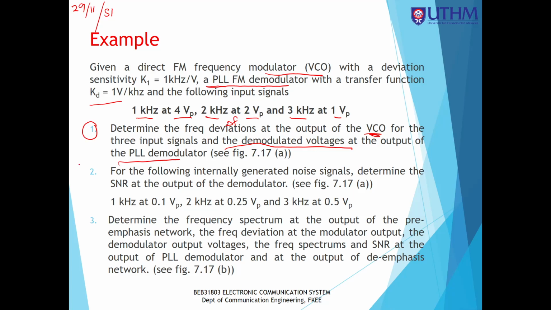Question number 2: you are given noise values generated by the system. At 1 kHz, the noise is 0.1 volt. At 2 kHz, the noise is 0.25 volt. At 3 kHz, the noise is 0.5 volt. Find the SNR.